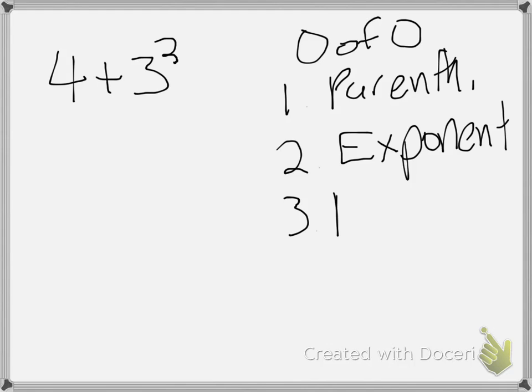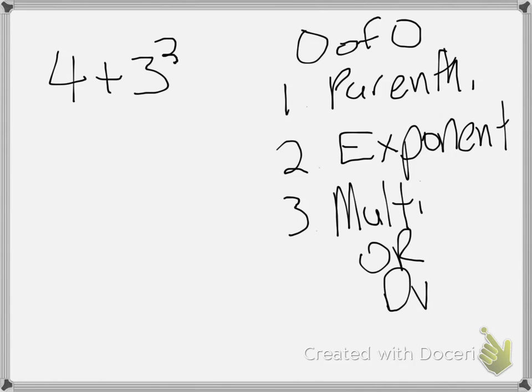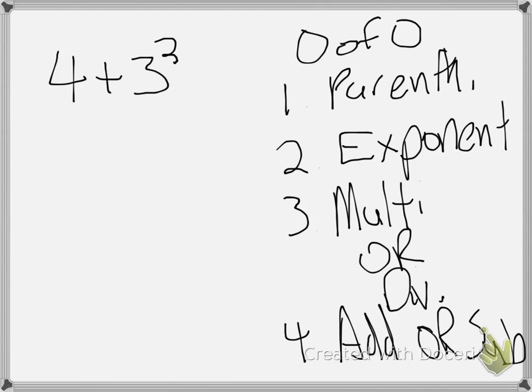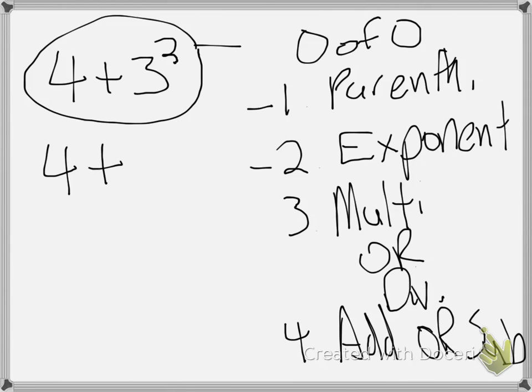Then multiplication or division, whichever comes first, left to right. Then addition or subtraction. So for instance, over here, in this equation, there's no parentheses, so we have to do the exponent first, so that becomes 4 plus 9, right? Because this is 3 times 3. 4 plus 9 then becomes 13.